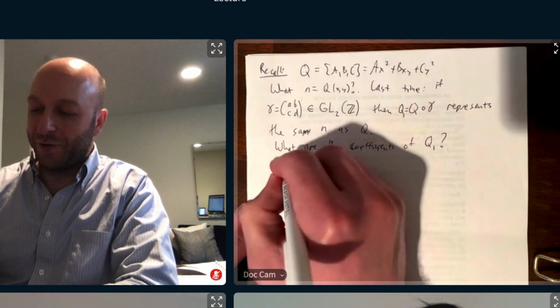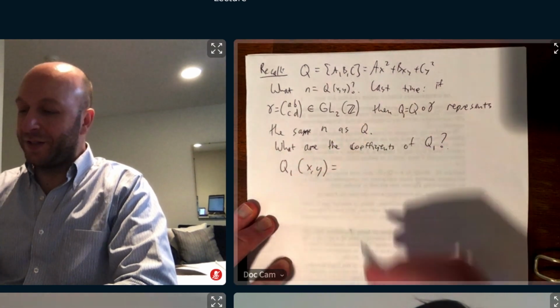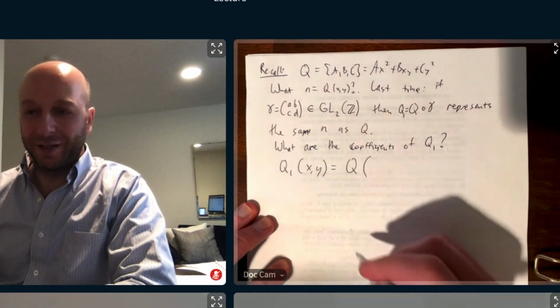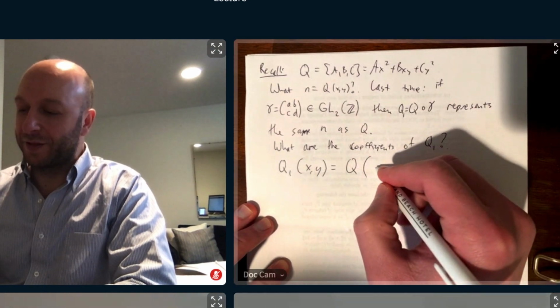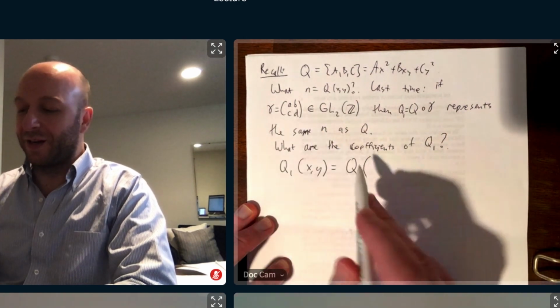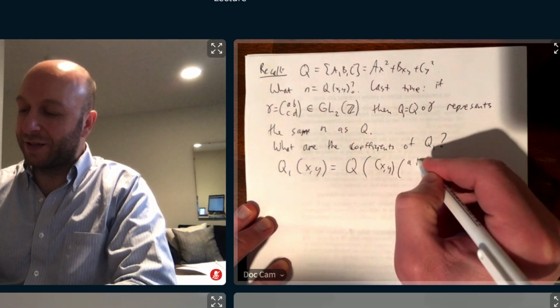All right, so Q1 of xy. This is Q of gamma of xy. Let's see, how should we write this? Do we want the action of gamma on the right? So this is xy times abcd.